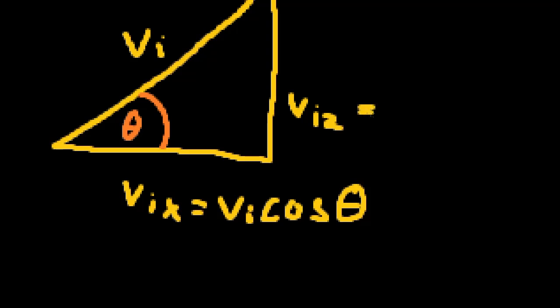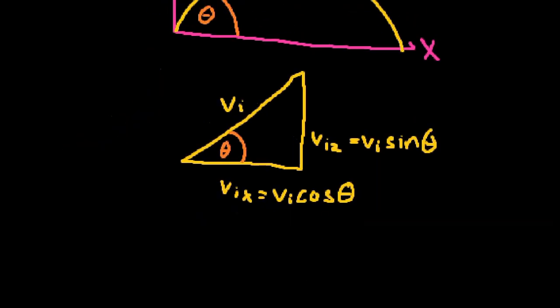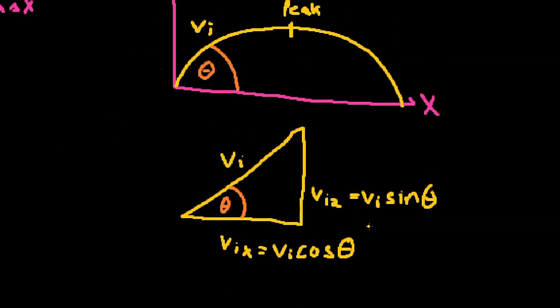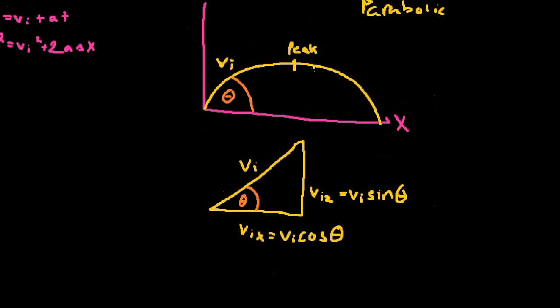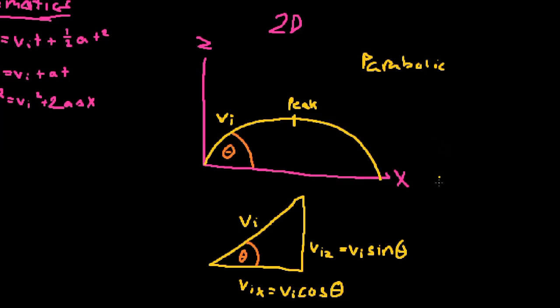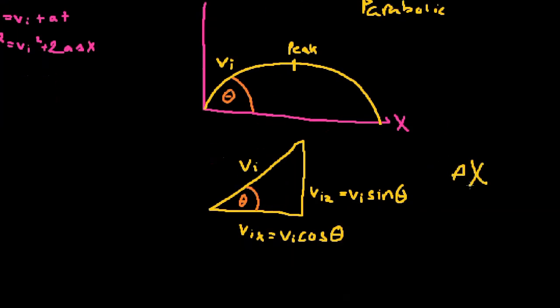VIZ is found in the same manner, but instead we use sine theta. By doing this, we get the separate components of the magnitude, which we can then use to find the change in x, which is distance, and t, which is time, as long as we are provided with the magnitude and theta.